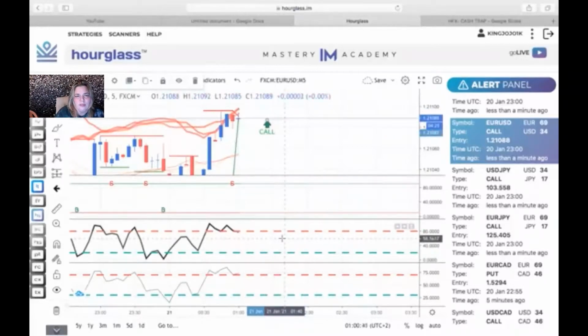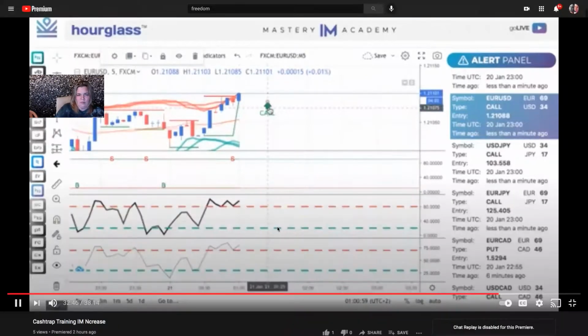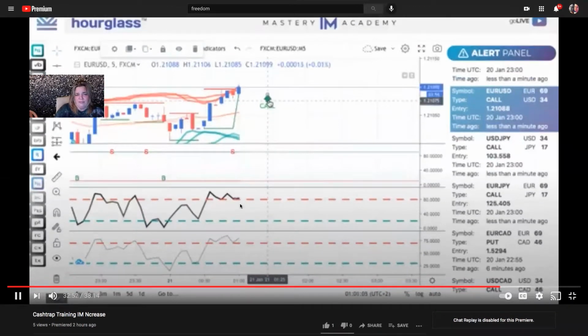Drop a fire emoji in the chat if that's crazy. The 9 is powerful. It didn't cross the 9, it rejected back. They even changed the whole trade up because it didn't cross that certain area. This is something that I've actually been back testing. So if you want to be sure in winning, make sure you be patient. Don't enter too early. Wait till the time is right.